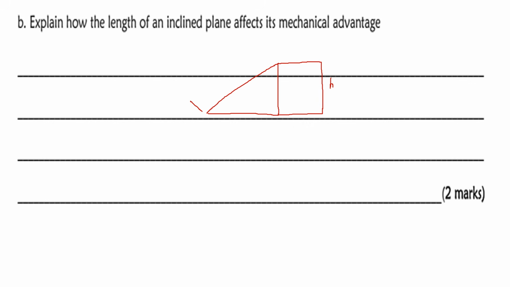The object, such as a heavy load, is to be moved up to that point. It's easier to move this body through a plane. So this is called an inclined plane.